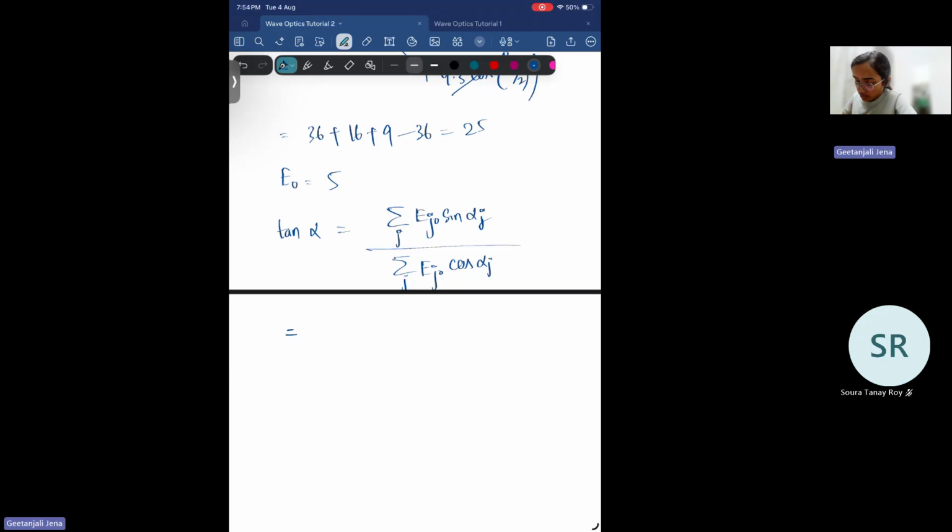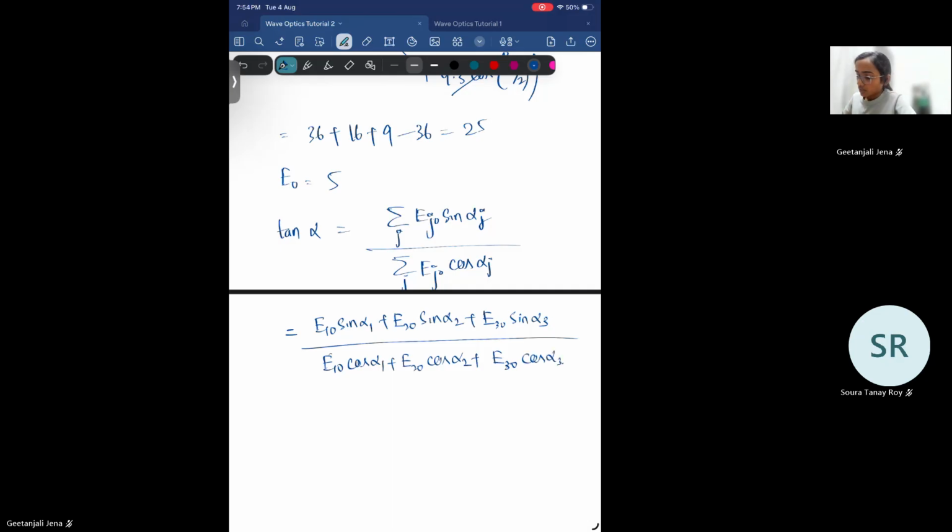So this will be E1 0 sine alpha 1, we write E2 0 sine alpha 2, E3 0 sine alpha 3 over E1 0 cos alpha 1, E2 0 cos alpha 2, E3 0 cos alpha 3.